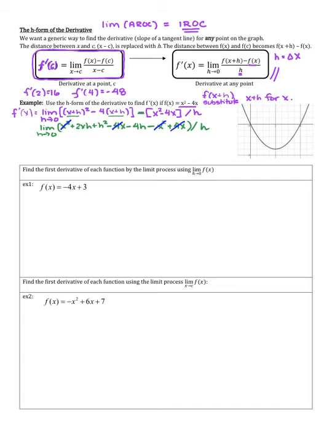And that's it. Okay, so let's look at what we have left. What you have left, and it's always going to be this way, has an h in every single term. So I'm going to factor out that h on top, so that I just have h times 2x plus h minus 4, all over h.